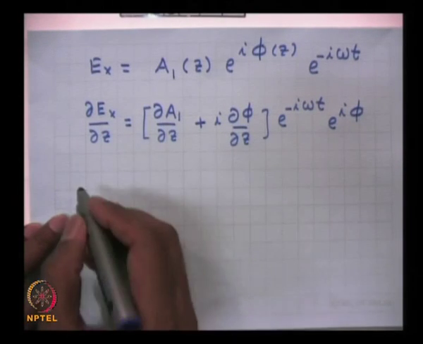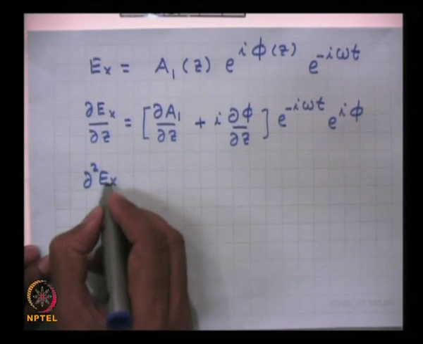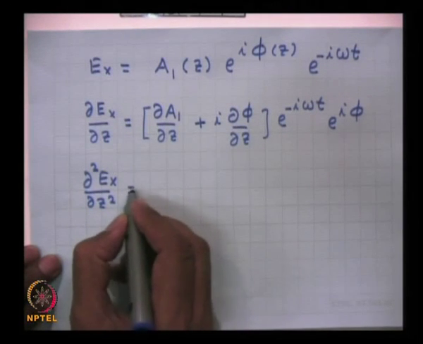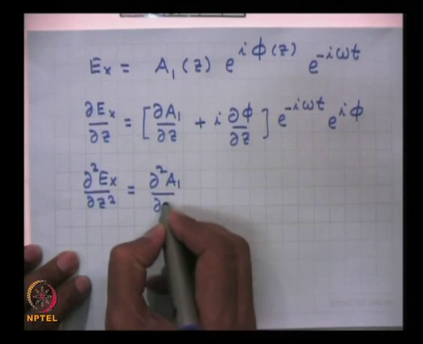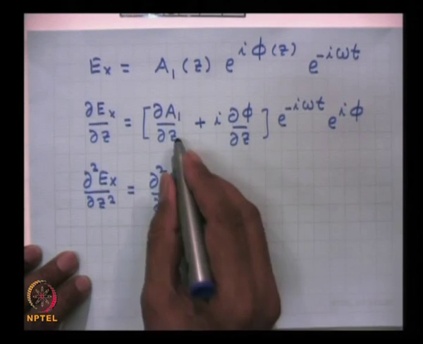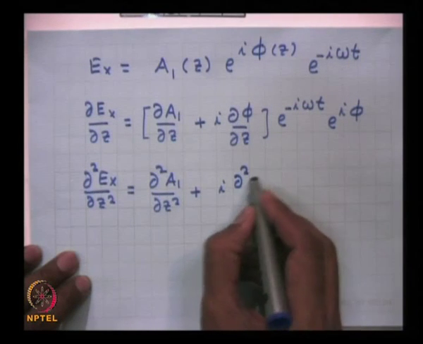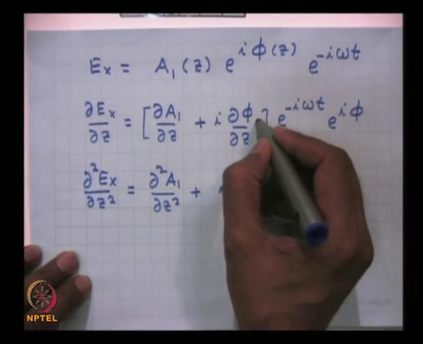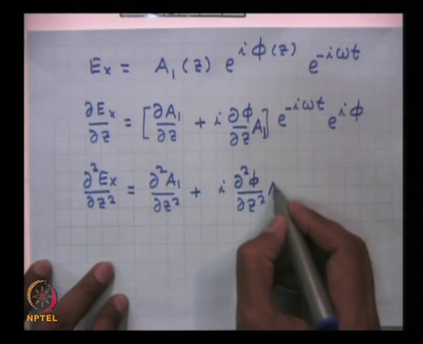This is one derivative. The second order derivative would be delta squared Ex by delta Z squared, which is equal to d2A1 by dz square, which I am going to ignore in a little while, plus if you differentiate this, you will get I d2 phi by dz square into A1. Please write A1 there, I forgot it.